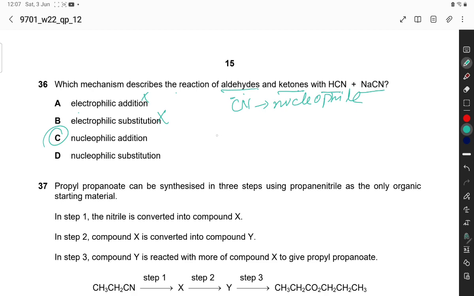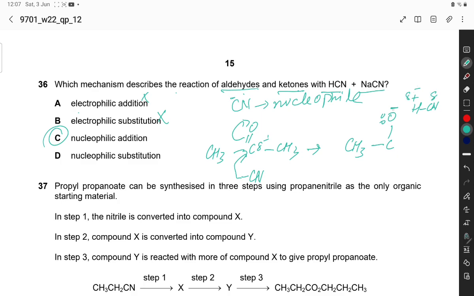In this reaction, CH3 C double bond O, with partial positive on carbon, reacts with CN negative and HCN.